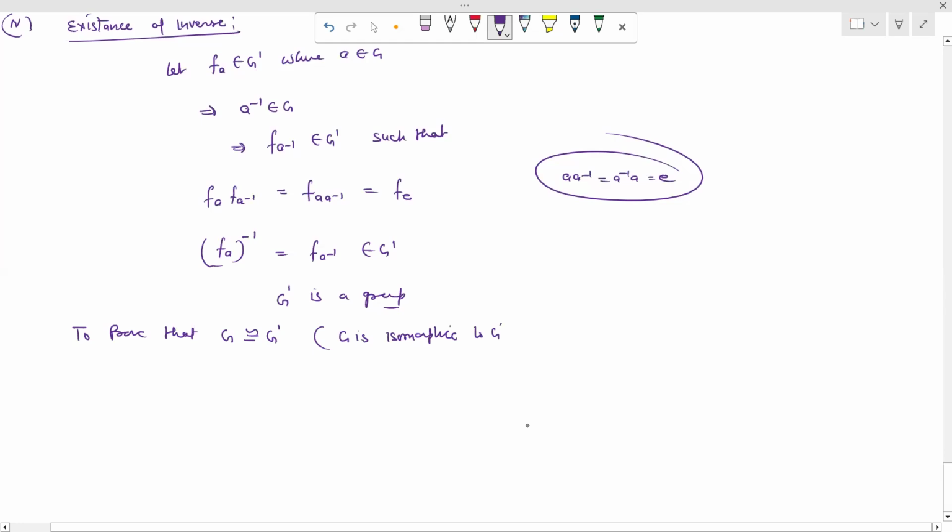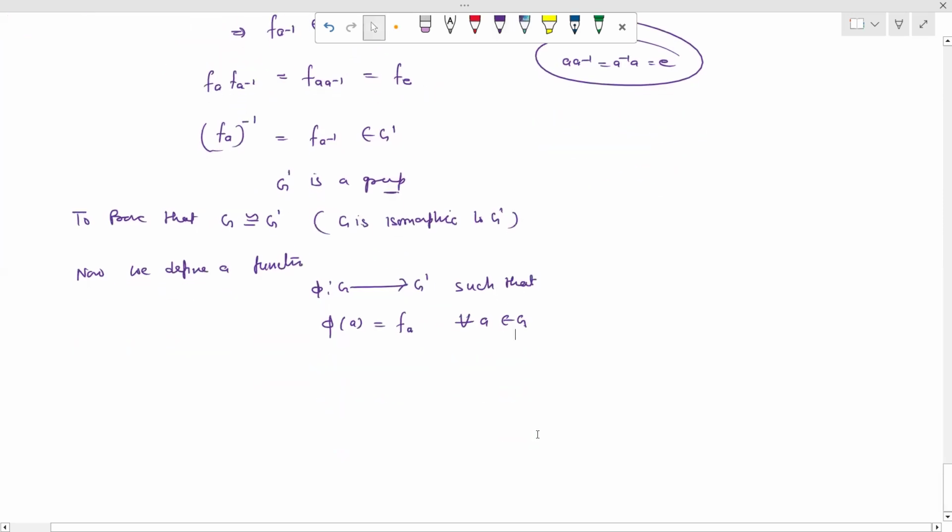We define a function phi from group G to G dash such that phi of a is equal to f(a) for every a belongs to G. So a is an element of G and f(a) is an element of G dash. For proving isomorphic, we shall prove that the function is one-one, onto and homomorphism.